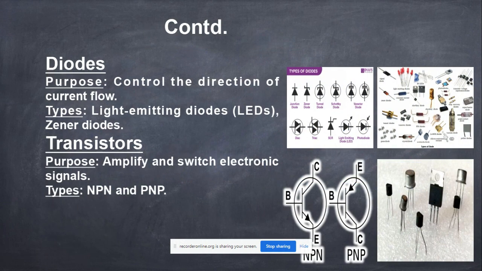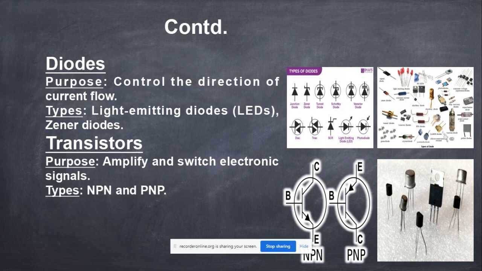So another topic is diodes. The main purpose of diodes is to control the direction of current flow. Another one is types, such as light emitting diodes, Zener diodes.